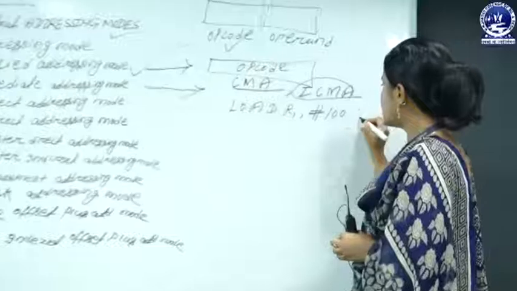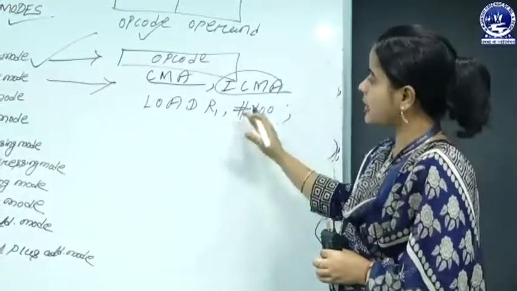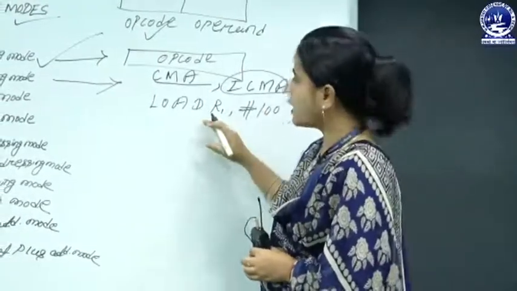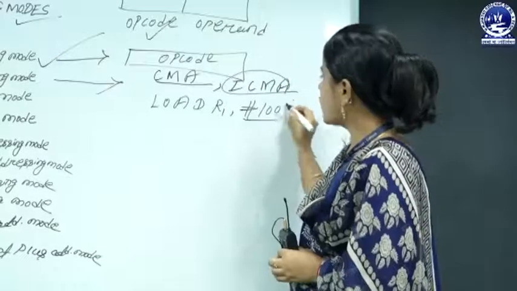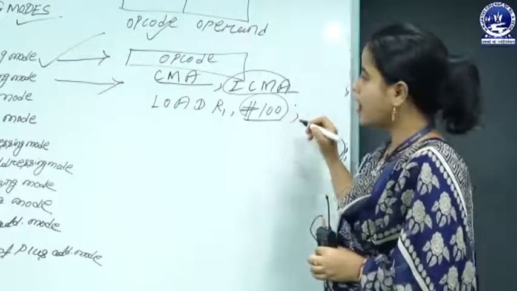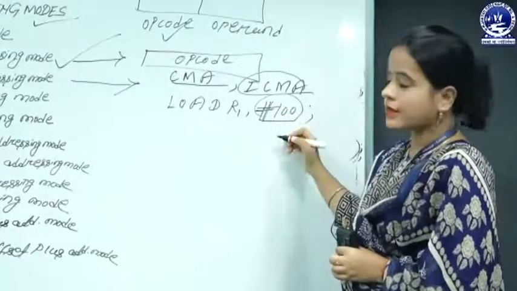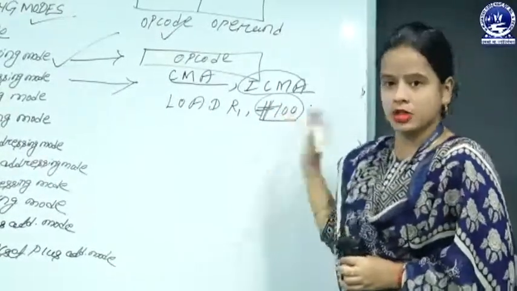That means the value 100 is immediately supplied to register R1, so you directly provide the given data value. In this case no register is referenced, and the hash symbol is specified, which marks the immediate data value, constant in nature.